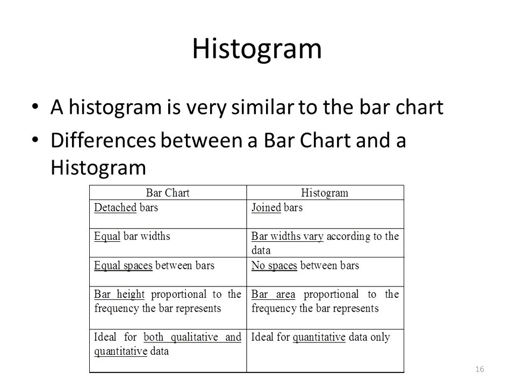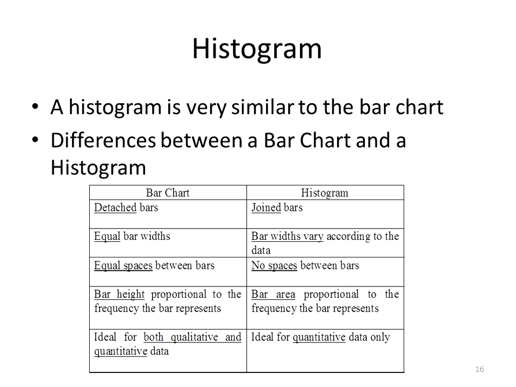This is just the difference between the bar chart and a histogram, whereby the bar chart is detached, the histogram is joined. The bar chart has equal widths, the histogram bar widths vary according to the data. The spaces between the bars are equal for the bar chart, and there are no spaces between the bars for the histogram.